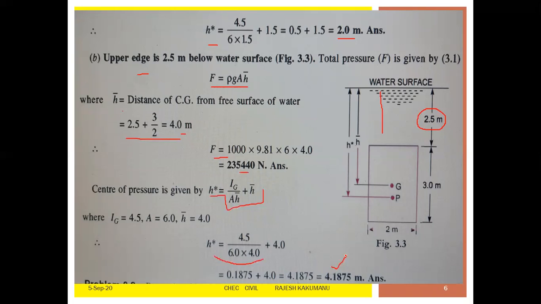So like this, you have to do the problem based upon the direct formulas and the figure shown. Like this, you have to do the pressure calculation and center of pressure calculation. I think it is very easy to understand these problems. Next, we'll do the next problem.